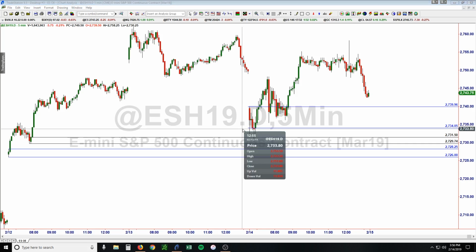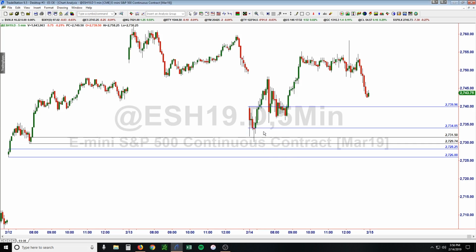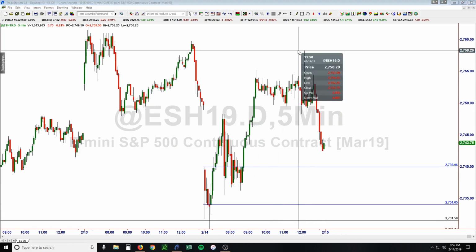Couldn't get any closes really below 33 on this 5-minute, and it never really looked back. Spiked up, had some volatility mid-session early on in the morning, and then really just held these wicks in here, held the first 5 minutes, first 1 minute of trading area, and then proceeded to move up. You saw late in the day the market flash spike higher.